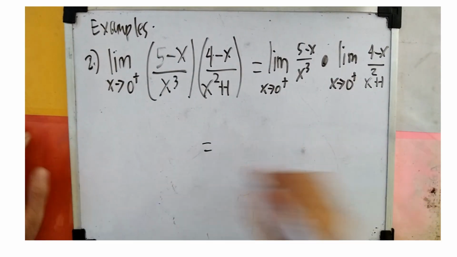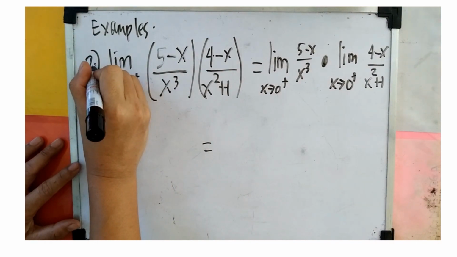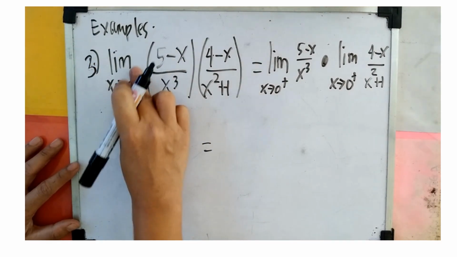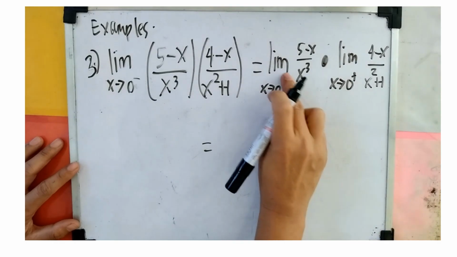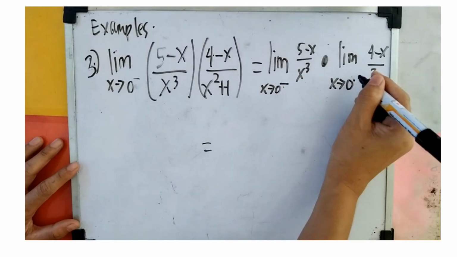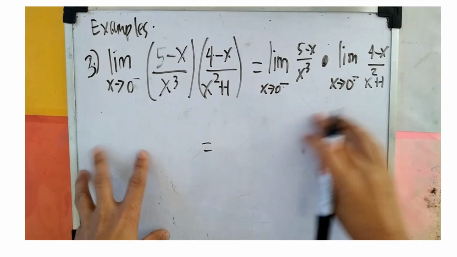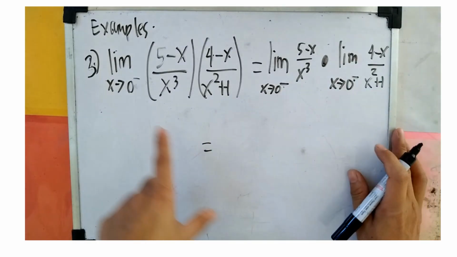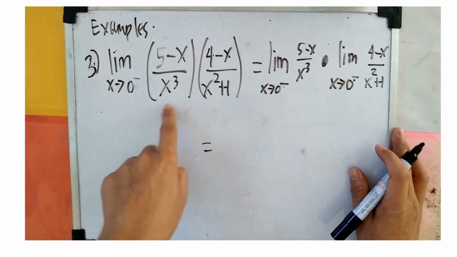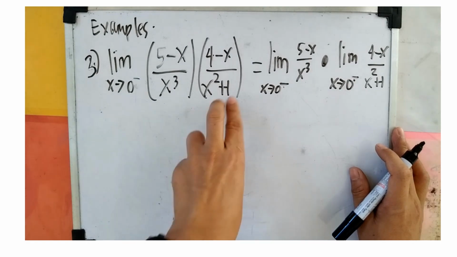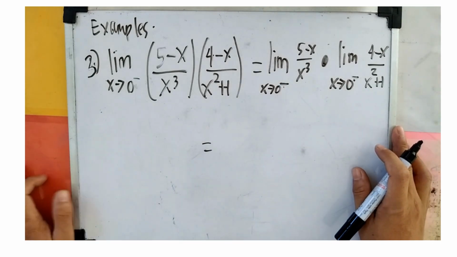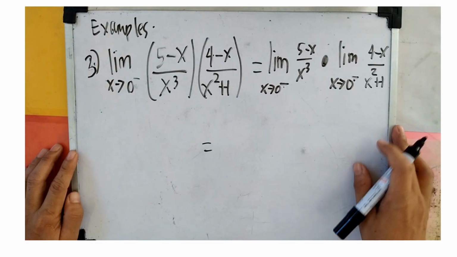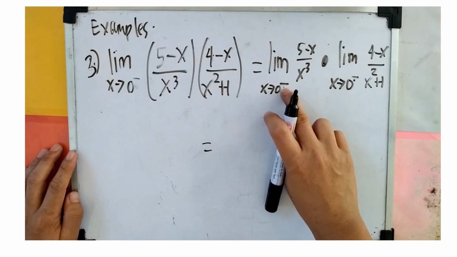Okay, example number 3. Tapos, from the left na din eh. Sorry. Okay, sinulat ko na yung first step ng solution. Saan lang siya ma-apply yung theorem? Dito lang, kasi siya lang may x na denominator dito. Substitute talaga yung 0. So ngayon, what will we do now? So, 0 from the left.